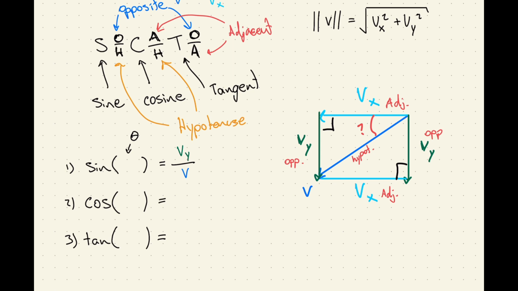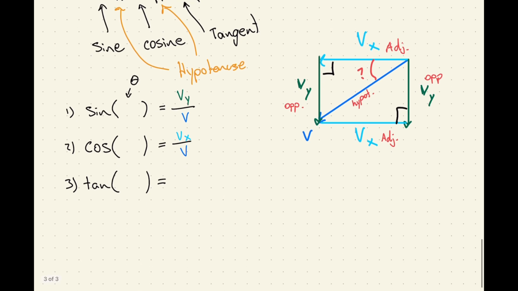For cosine, we have A over H, adjacent over hypotenuse. So we have the hypotenuse on the bottom, which is V, and the adjacent, I said, was Vx. Cool. And for tangent, we have opposite over adjacent, which is Vy over Vx, with the adjacent Vx on the bottom and the opposite Vy on top.